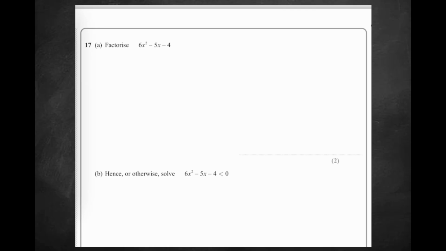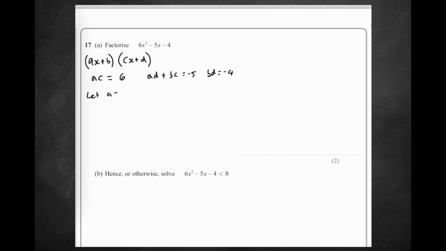So 17. Factorize 6x squared minus 5x minus 4. So we're going to need ax plus b, cx plus d, where ac equals 6, ad plus bc equals minus 5, and bd equals minus 4.